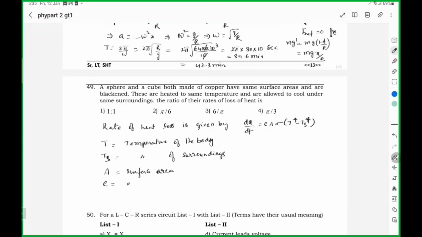E here is emissivity. Sigma is Stefan-Boltzmann constant.